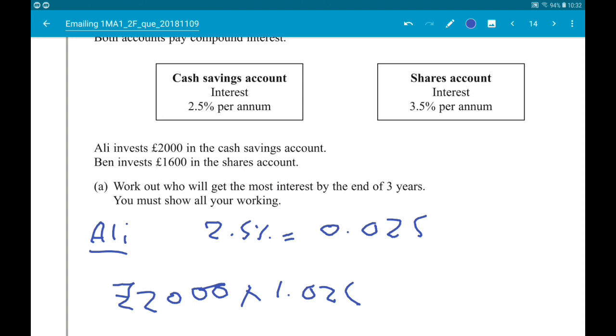We want 3 years, so we just stick a power of 3 on the multiplier.